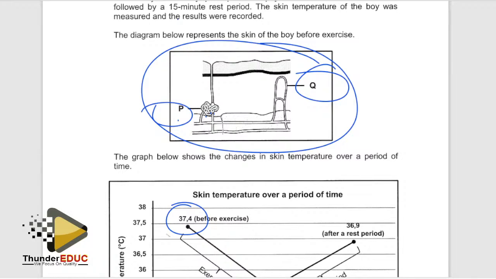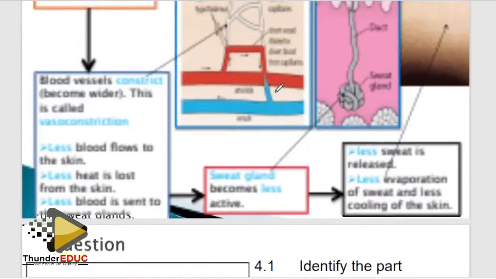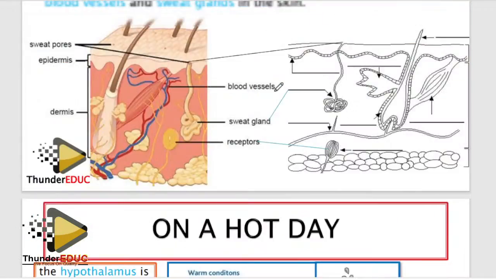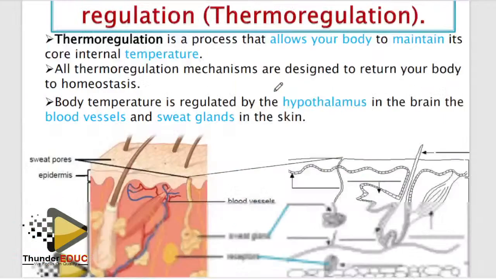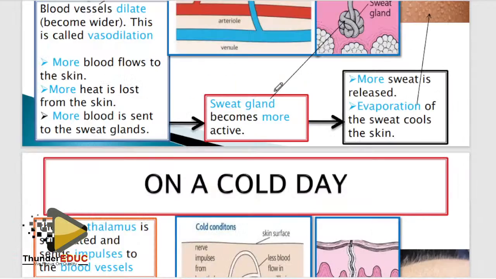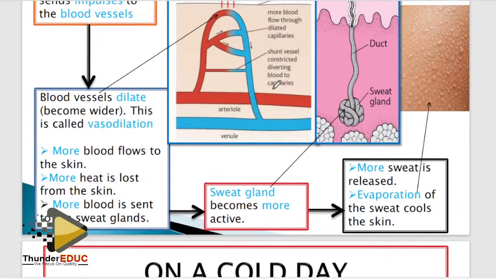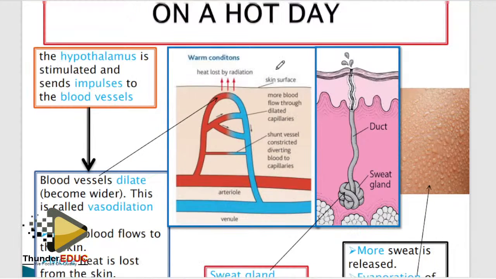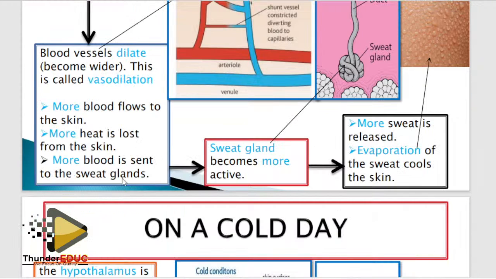So basically you just explain thermoregulation but only a specific point. And I told you when I was explaining this that you need to take note of this. So they are talking about the sweat gland. More blood is sent to the sweat gland, it becomes more active, and more sweat is released. Evaporation of the sweat leads to the cooling of the skin.